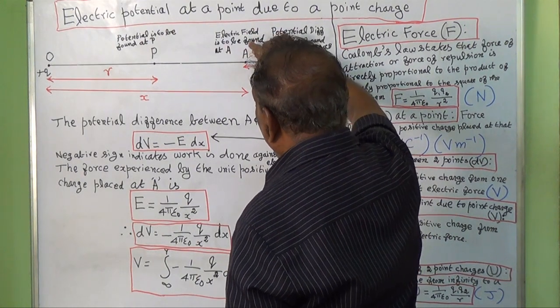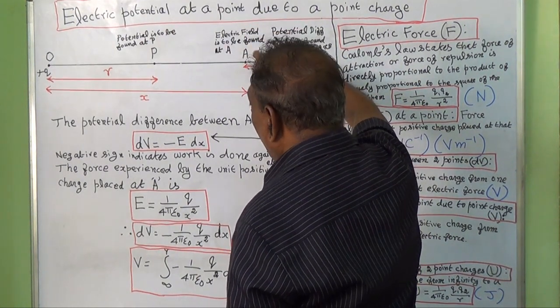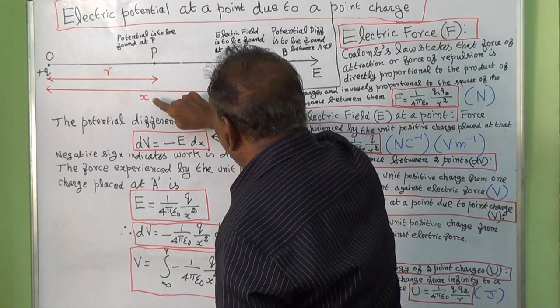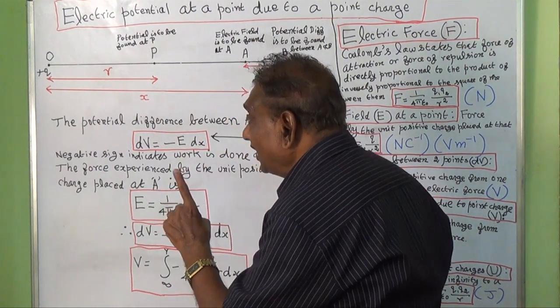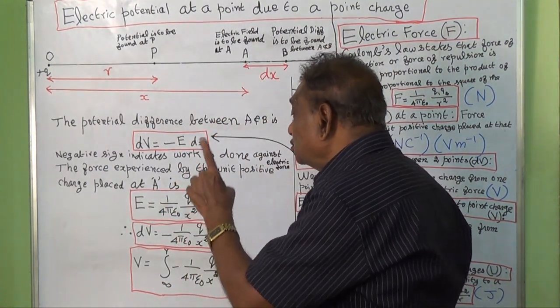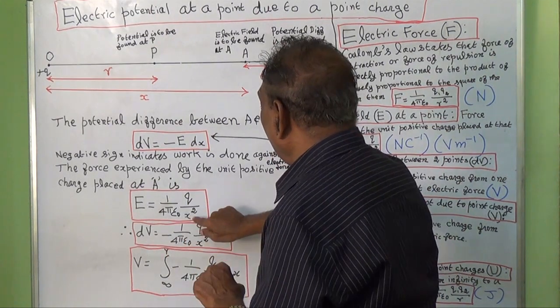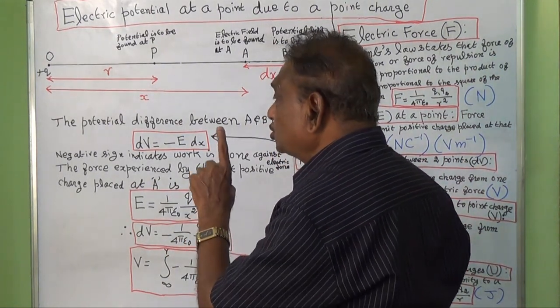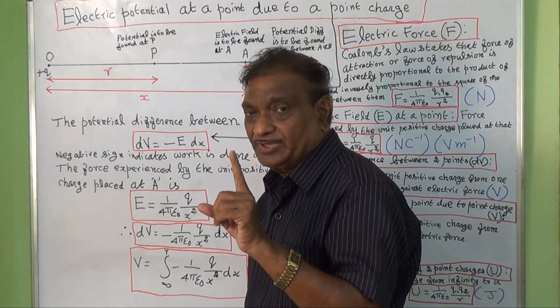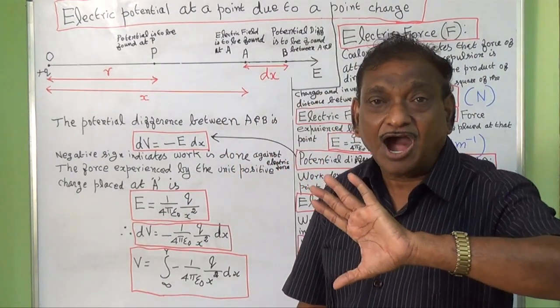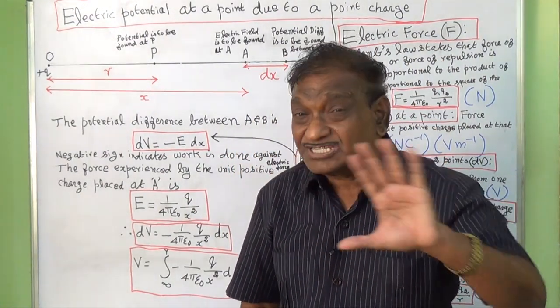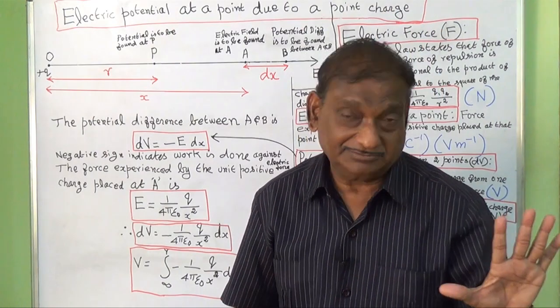going to write the formula for electric field is small x, so that we are writing small x in the denominator. Students should note one thing: the letter R or X is immaterial.